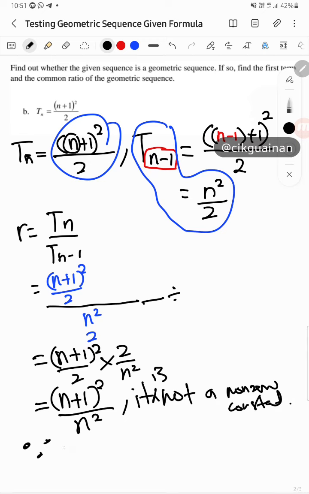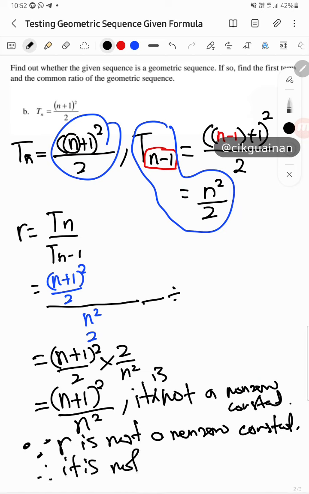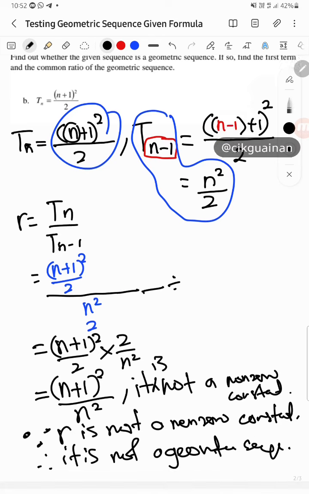So we can conclude R is not a non-zero constant. Therefore it is not a geometric sequence.